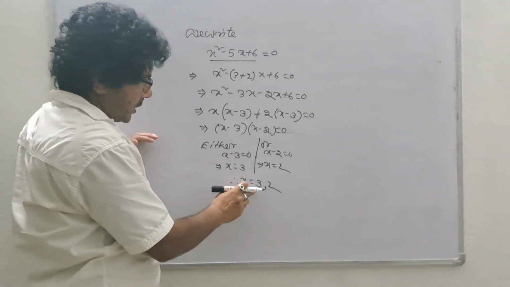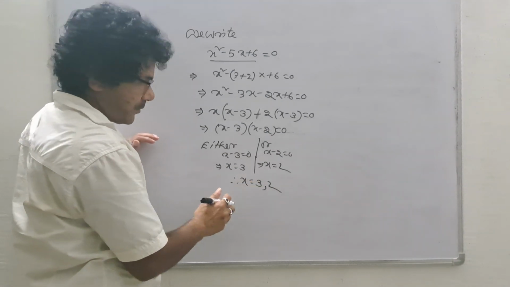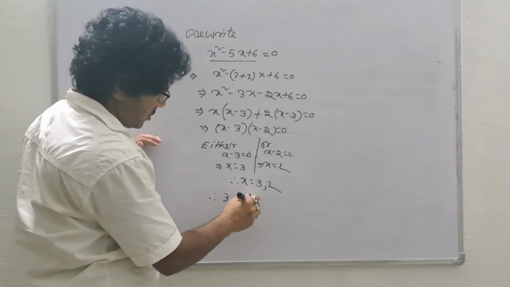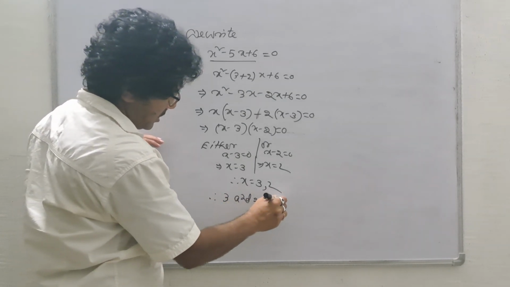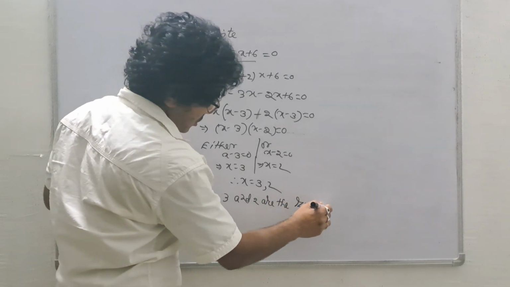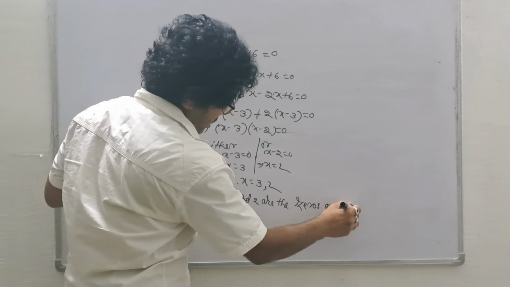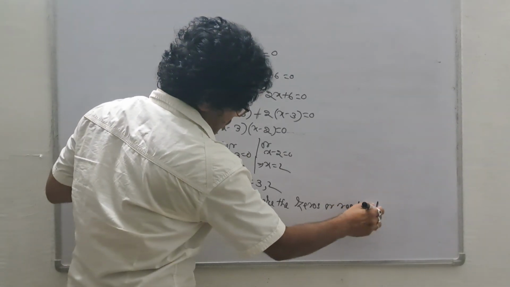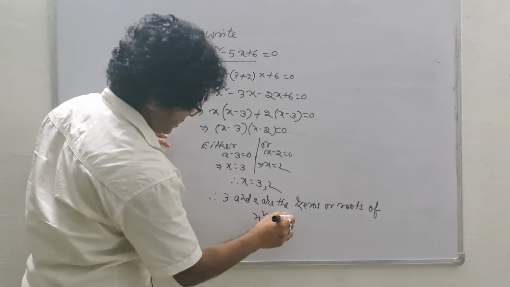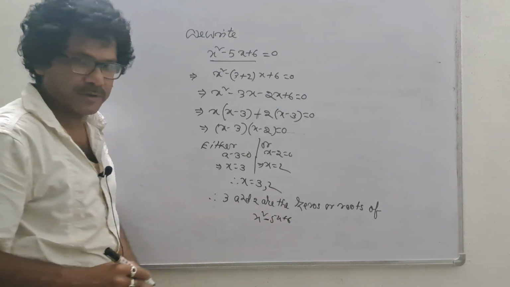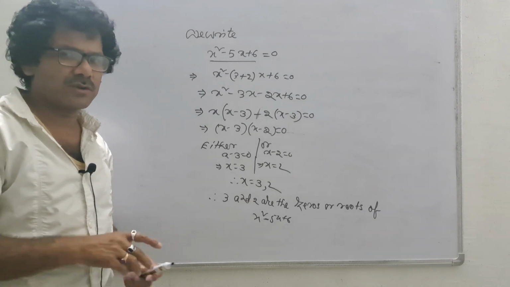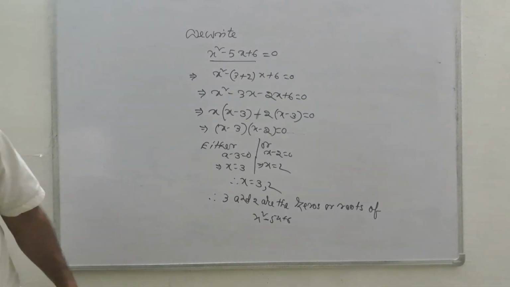Therefore 3 and 2 are the zeros, or roots, zeros are also called roots, of x squared minus 5x plus 6. In this way we can very easily find the zeros of a polynomial.